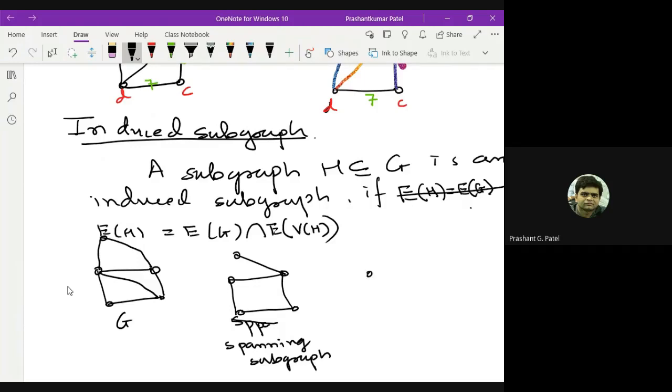As per this, the edge set of H is the edge set of G intersection with the vertex set of H. So this is H, if I can say. So it is the intersection of the edge set, whatever the edges are here. Any edge you can pick, and vertices you can pick, an intersection of these two. So I can draw this one, or many more are possible. So this is an enclosed subgraph.